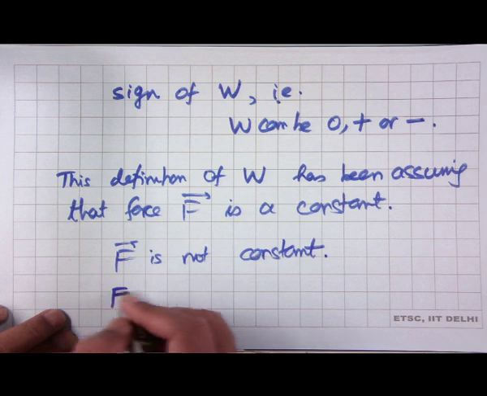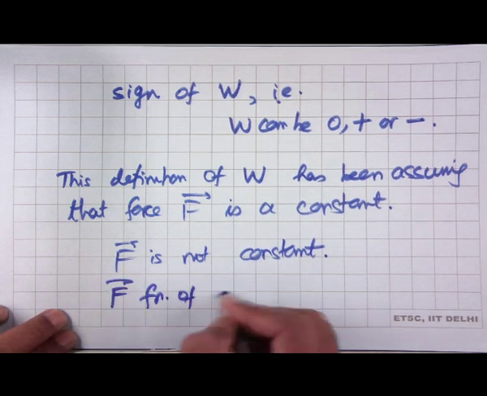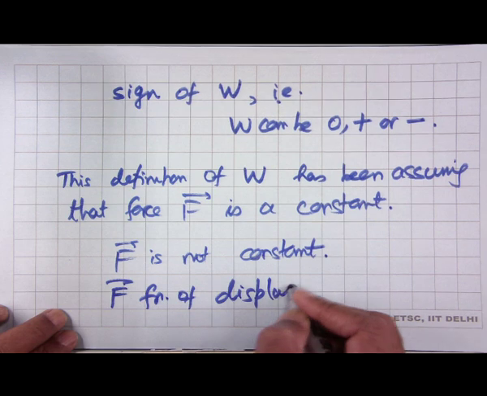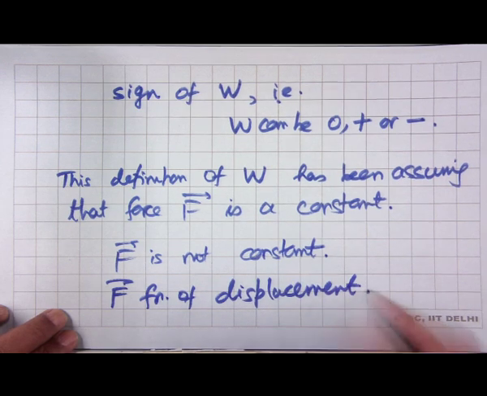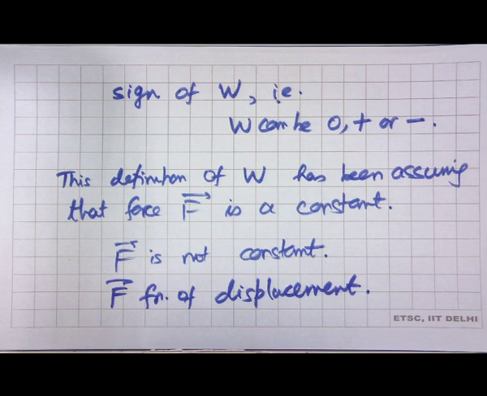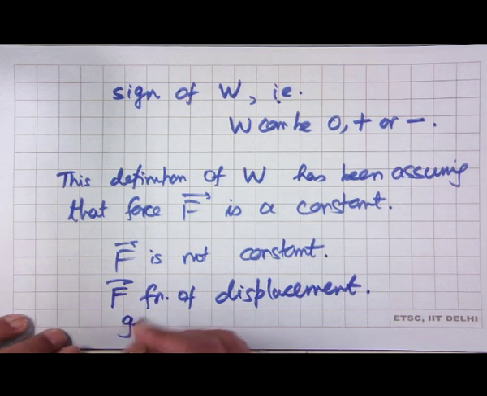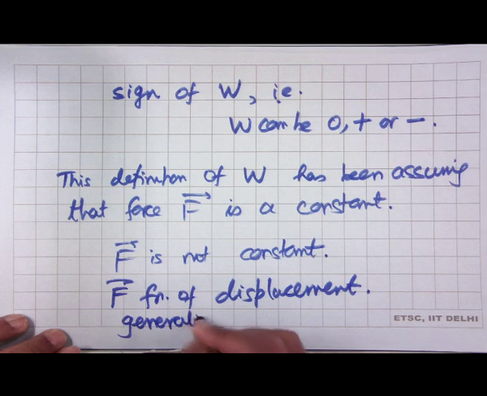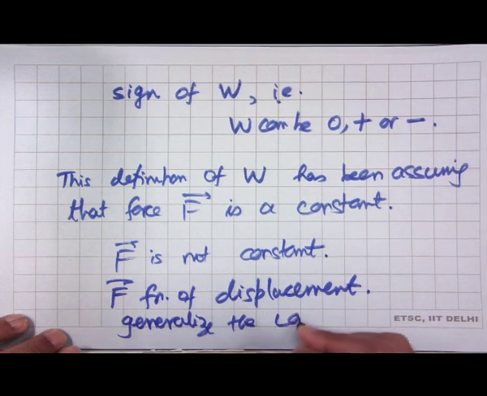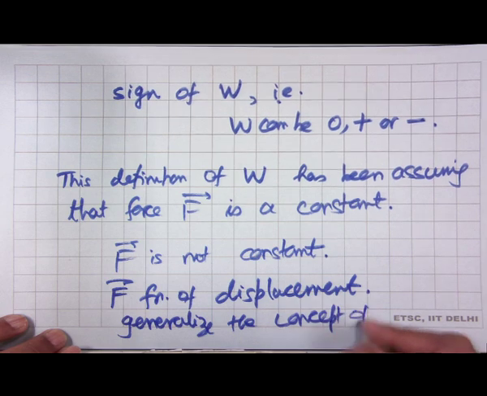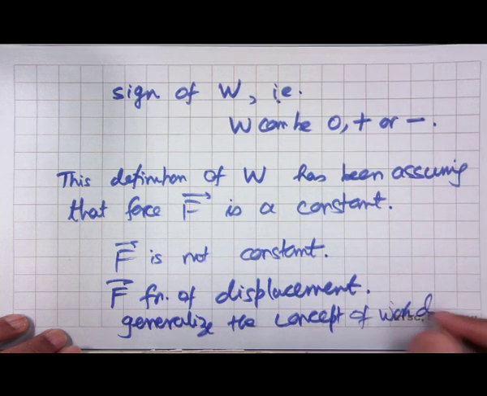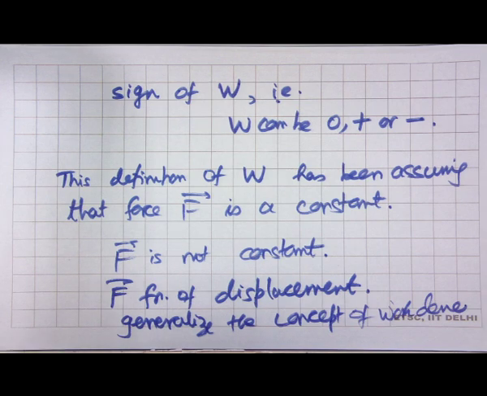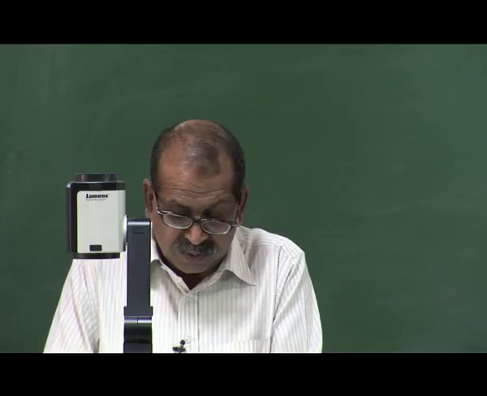It may be a function of the displacement. And in that case, we will have to now then generalize the concept of work done even further, and that is what we will now do.